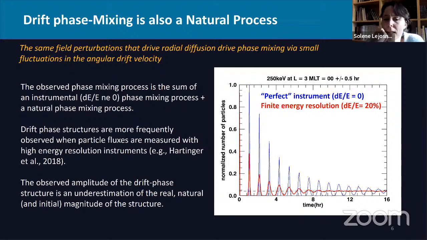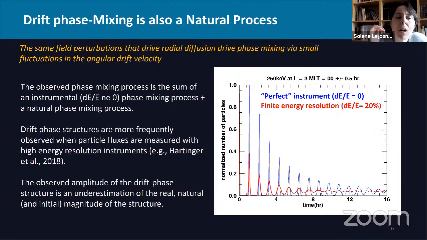So what that means is that when we look at observations of phase structures, if we want to study the amplitude of this fluctuation, it is a function of the instrument you're using to look at the dynamics of the particles. So there is a bias there due to the instrumental resolution, and it's also not the same amplitude that was set initially.